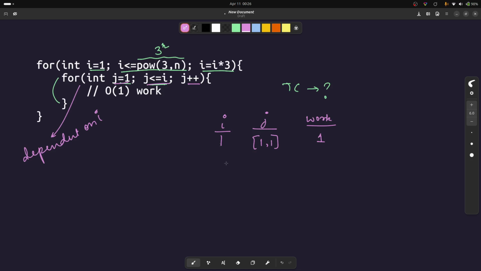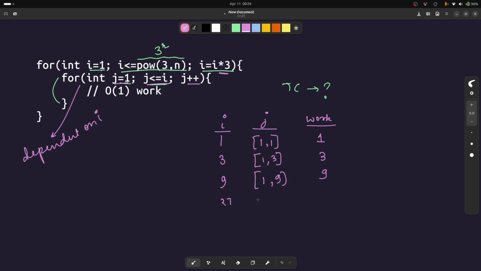Then i becomes 1 into 3, which is 3. So now j will go from 1 to 3, total 3 iterations. Then i becomes 3 into 3, 9. So now j will go from 1 to 9, giving 9 iterations.